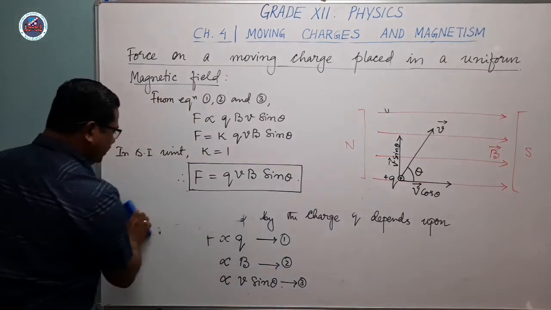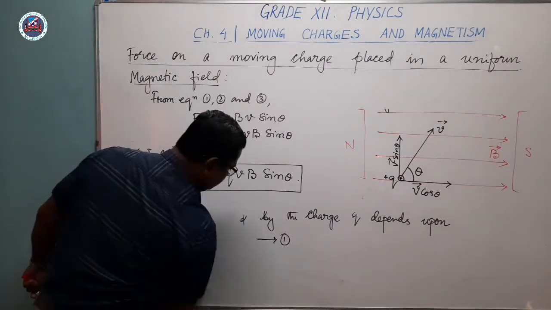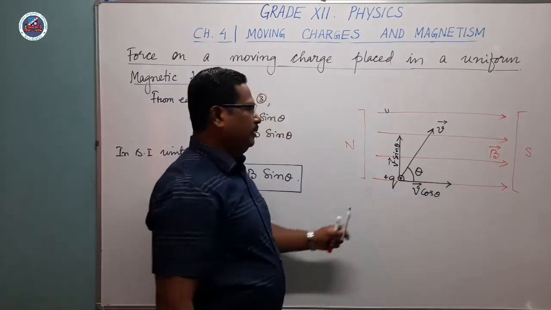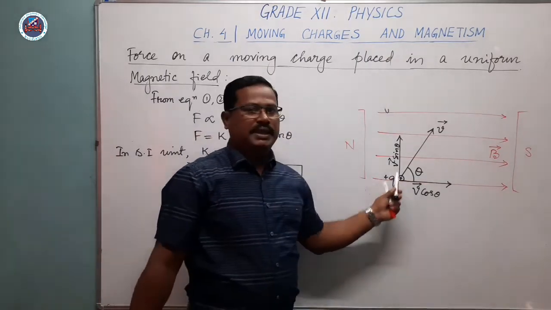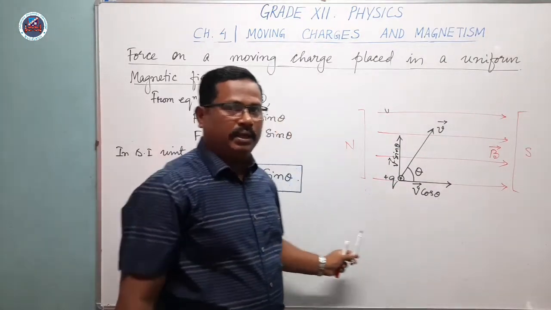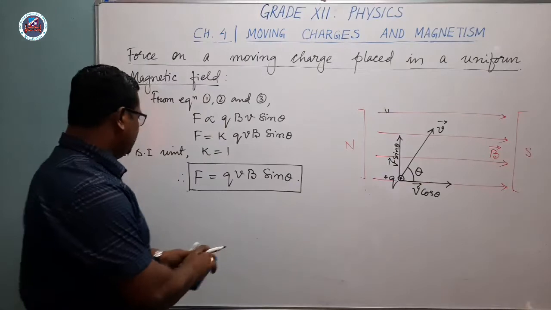Here some special case arises. Now you may be thinking why force depends upon v sin theta, why it does not depend upon v cos theta. Now you will come to know when you do the special cases.